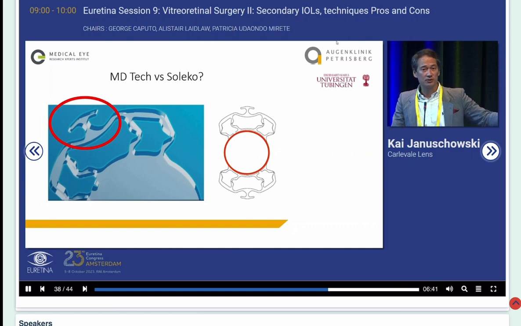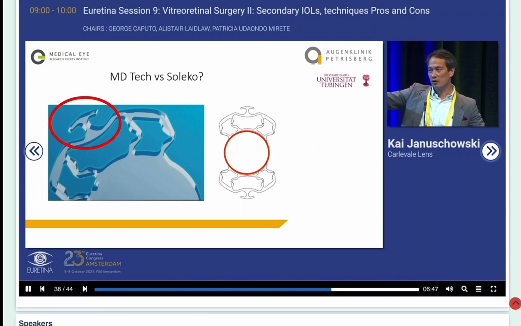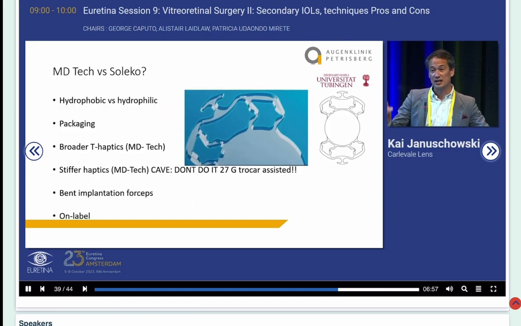And if you put in a lens, for example, a sclerally fixated lens, in an eye that is problematic, you are working on an eye that will have a tendency to have a retinal detachment or an endothelial decompensation. So you want to have a lens where you can put in a gas tamponade without it being opacified. Of course, unless you want to do the surgery all over again.